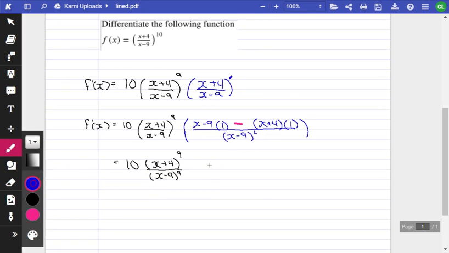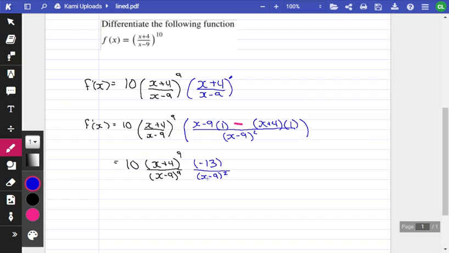When I simplify in here, my numerator is going to be, well, x minus x just gets rid of x. I have negative 9. I'm taking 4 more away, so that's going to give me negative 13. And all over x minus 9 squared.